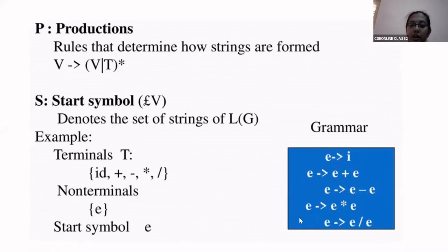Here you have the grammar rules. Here E is a non-terminal or a variable and I is a terminal symbol. E derives E plus E, or E minus E, or E into E, or E divided by E, and E produces I. As the slide says, terminal symbols are ID and all the operators.